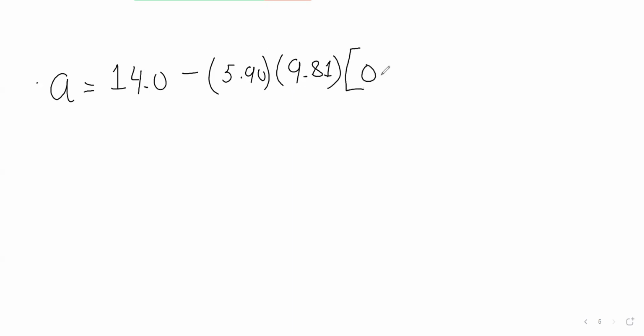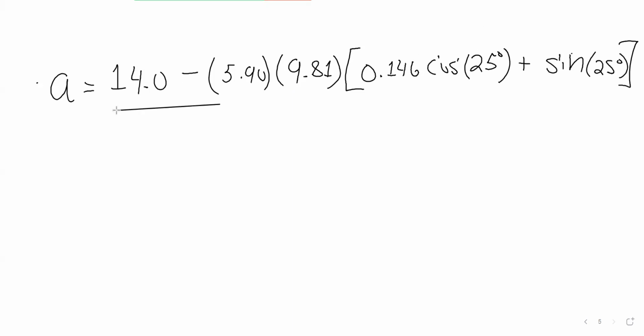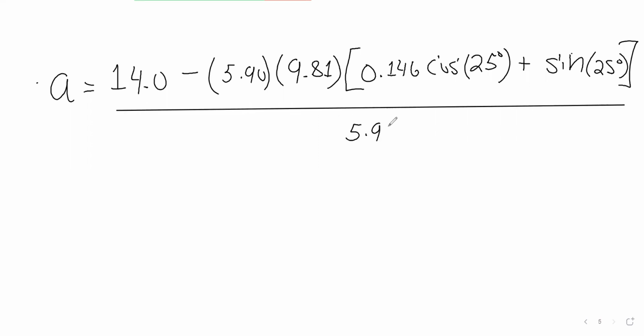Mu was 0.146 times cosine of 25 plus sine of 25, all divided by m, which was 5.90. And you could have even done another algebra step and divided each term by m individually, and that would allow the masses to cancel. But anyways, this is more than fine.